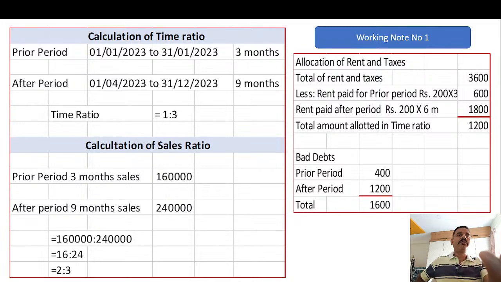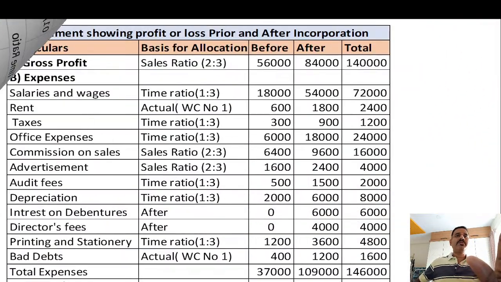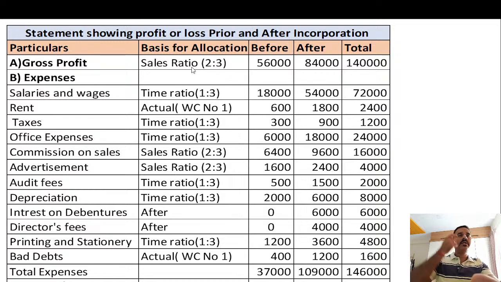Then the statement you have to prepare. Now see the statement: statement showing profit or loss prior and after incorporation. This total you may put or may not put. Only thing you have to mention is particulars, basis for allocation, before and after. Gross profit you distribute on the basis of sales ratio, calculated in our previous slide, that is 2:3.